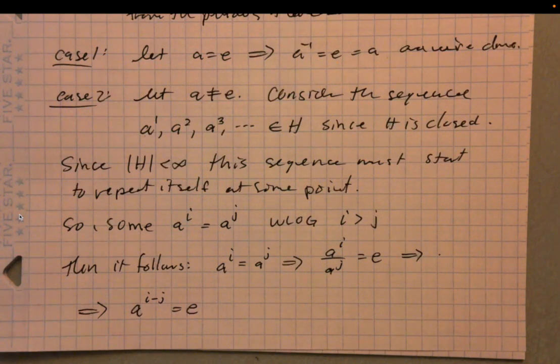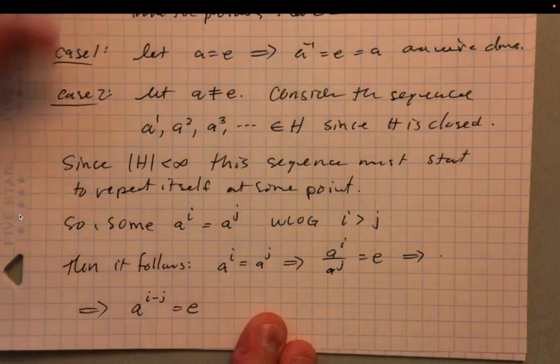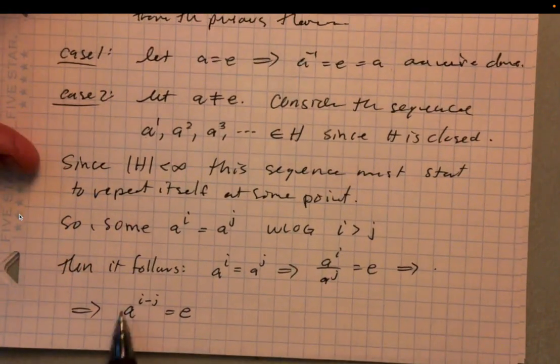Let me switch pages here. Let me rewrite it so it's on the page in front of us. We had a to the i equals a to the j. We know that's true because the group has finite order, and so some elements in the sequence a to the first power, a squared, a cubed, a to the fourth, dot dot dot, must be equal to one another, otherwise the group would be infinite.